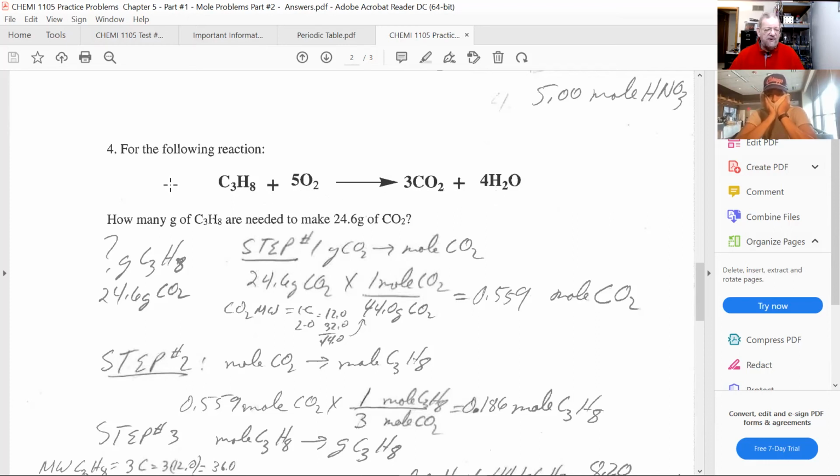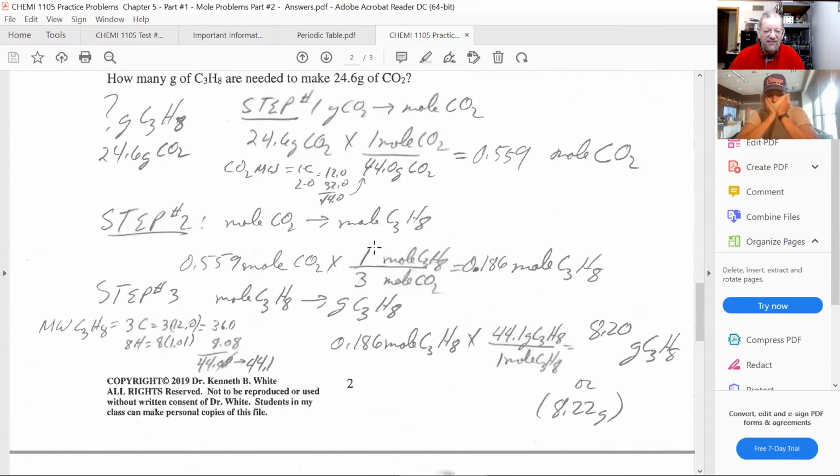If I'm looking for a relationship between C3H8 and CO2, that molar relationship is 1 mole of C3H8, coefficient there, when you don't see one, is 1, makes 3 moles of CO2. So 1 mole C3H8, 3 moles of CO2.